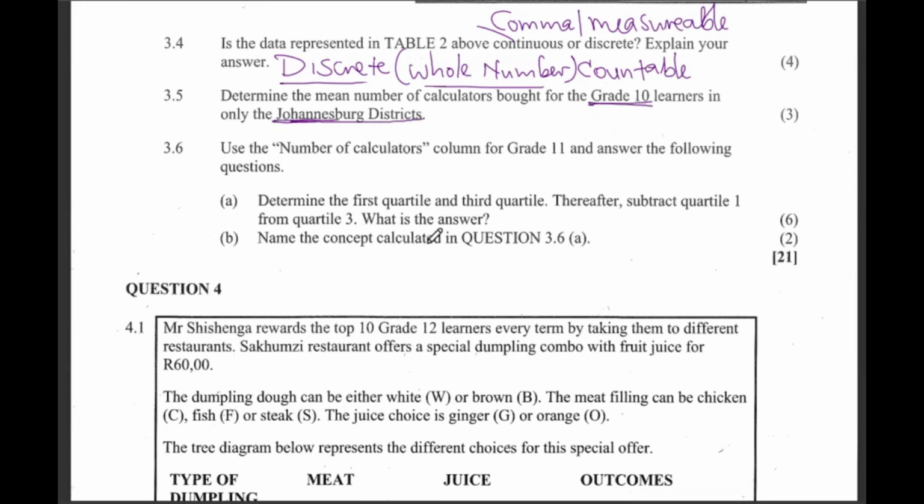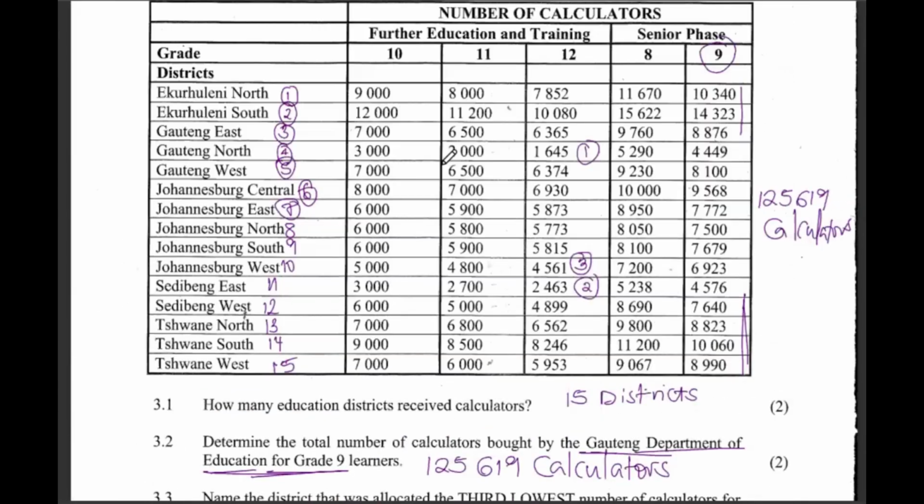And we shall look for mean. Mean, we add all the numbers, we divide it by the total number of items that we've added. Here is grade 10. We're going to look for Johannesburg. So we have 1, 2, 3, 4, 5. Any other? No. So there are 5 values that we're going to add.